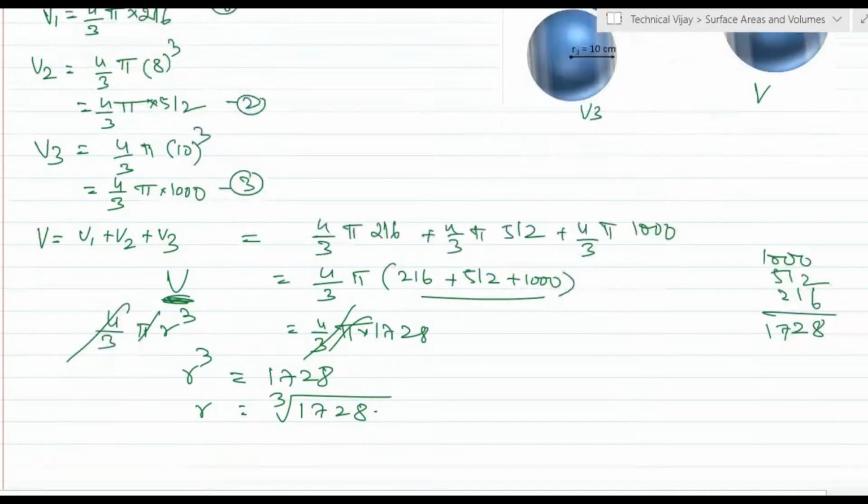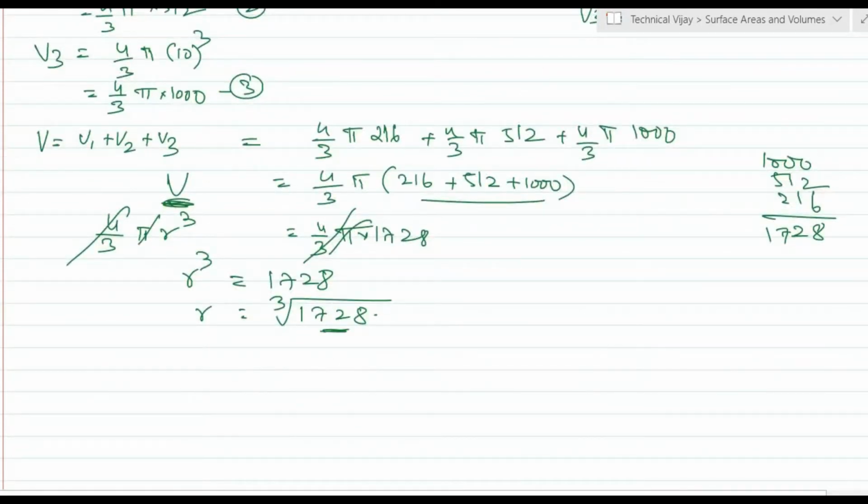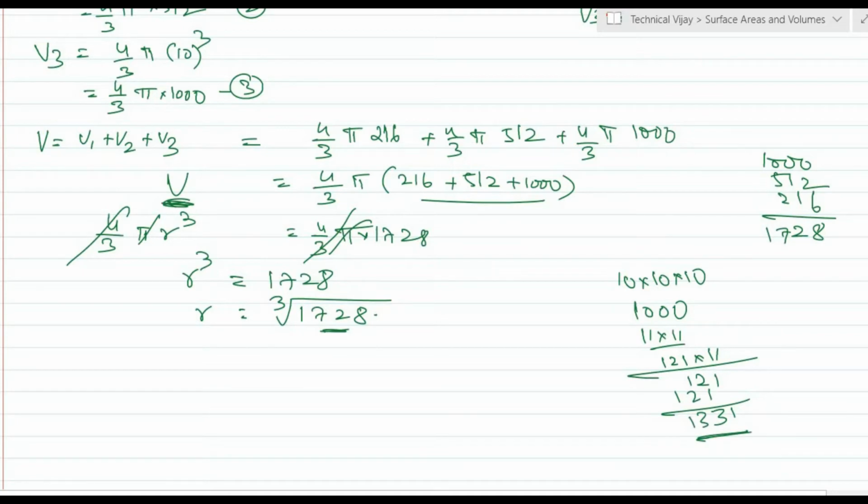Cube root means, we know 10 into 10 into 10 is 1000. 11 into 11 is 121, 121 into 11 is 1331. Then 12 into 12 is 144, and 144 into 12 is 1728.